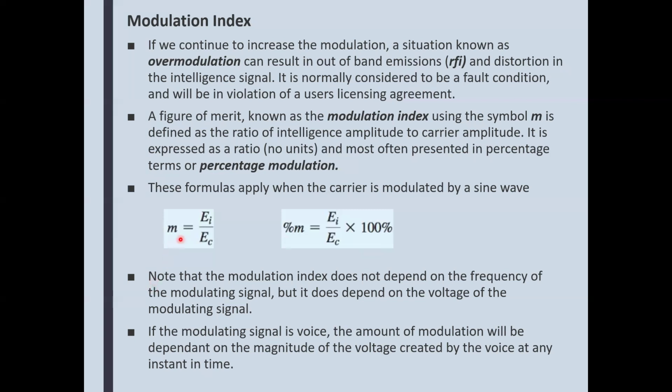It depends on the voltage of the intelligent modulating signal. If the modulating signal is voice, the amount of modulation will depend on the magnitude of the voltage created by the voice at any instant of time.